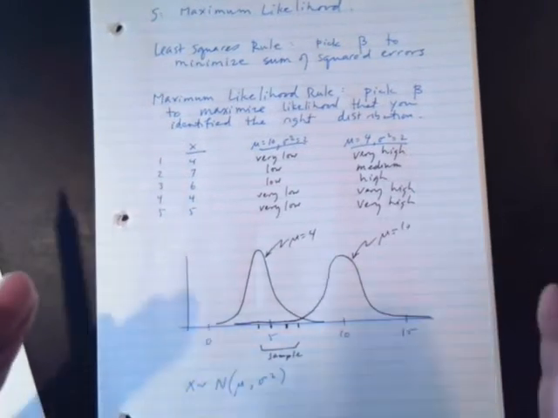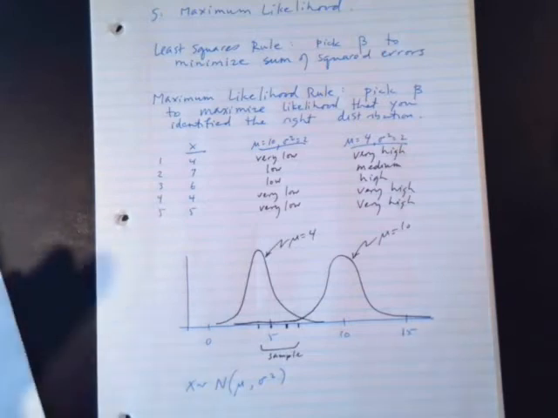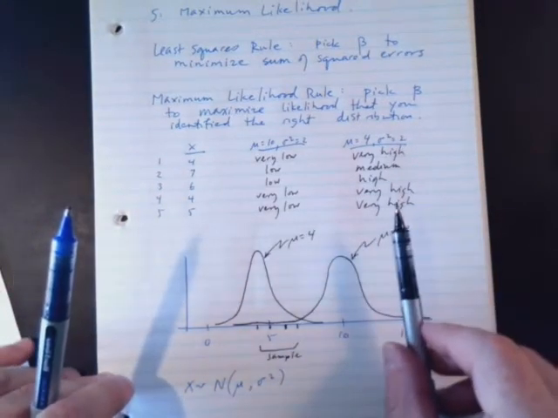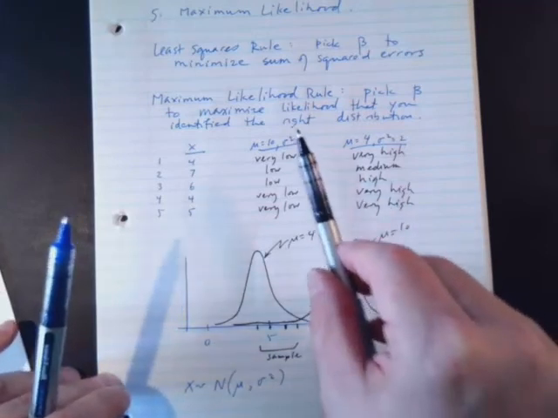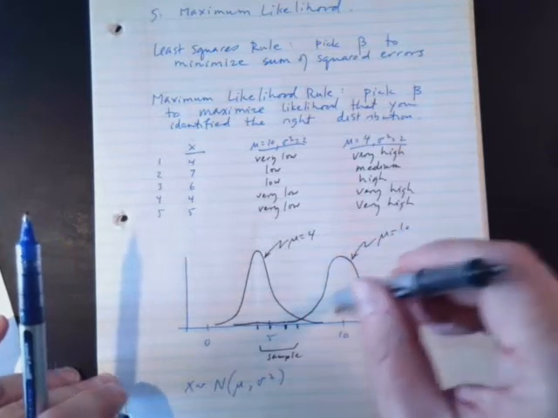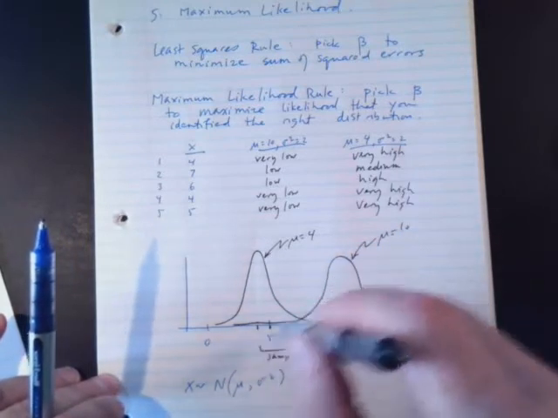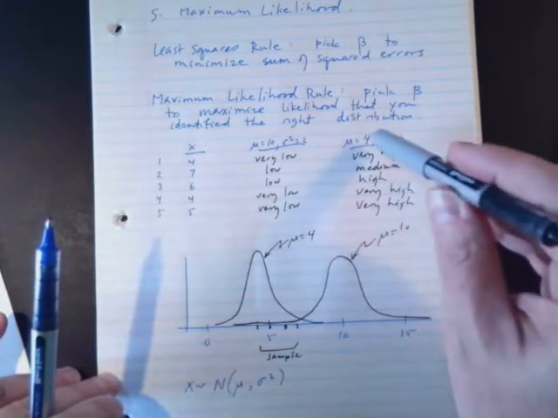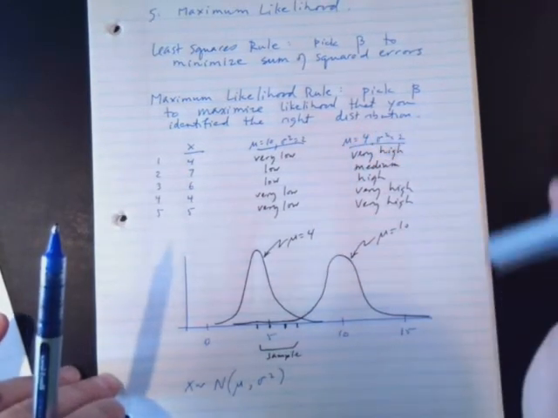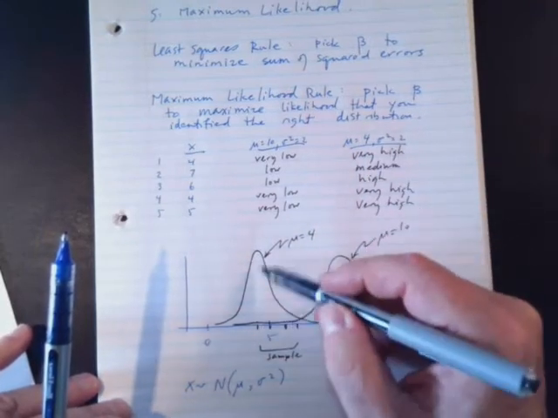So what I've done here is I've started with an assumption, okay, I know these are normally distributed, but I don't know the mean and the variance. So if I try this mean, then it means that my sample is mostly out here on the tails, which is unlikely. If I start with this mean, then my sample is closer to the middle.